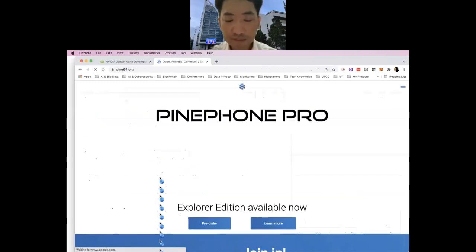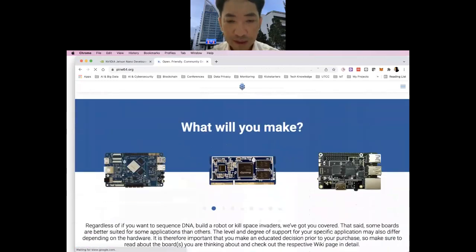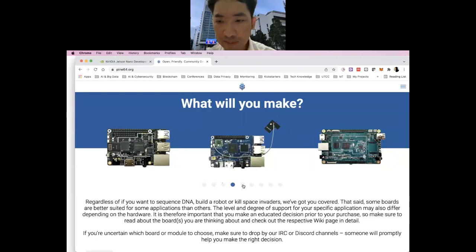Here is another one. Pi64 is a 64-bit embedded system. This one is a bit bigger than the Jetson Nano, but it gives you many choices. For example, you can use the development board like that, or you can use it as a card like this.